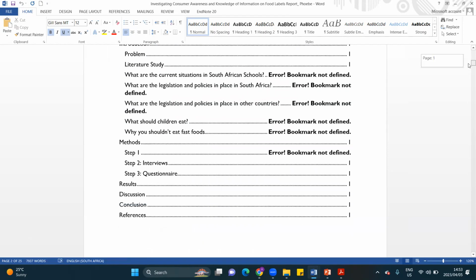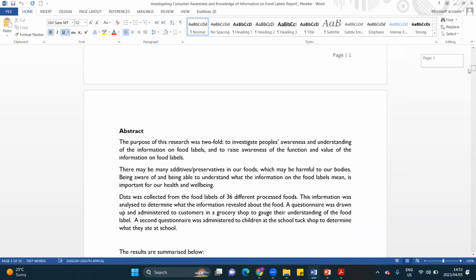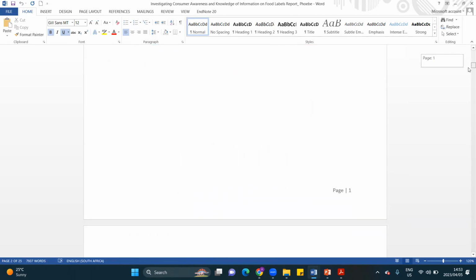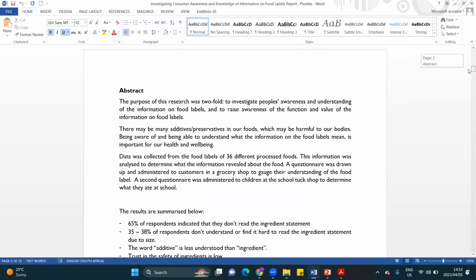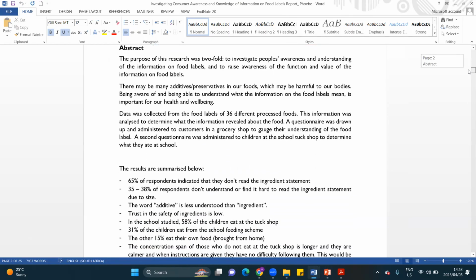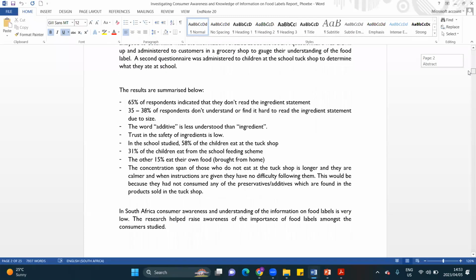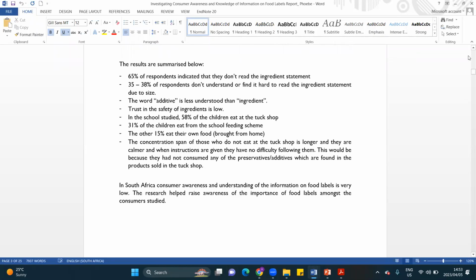Okay, let's just run through this one. Okay, this is an example of an abstract. You know, we did speak about abstract at the introduction. So this is an example of the abstract of how the learner is now summarizing the project. And as a judge, this is what we read first. We read the abstract.